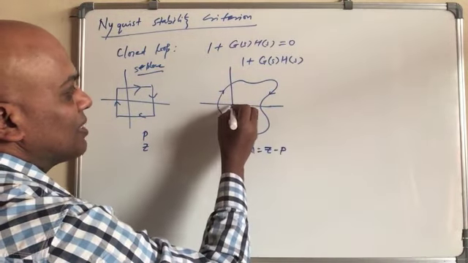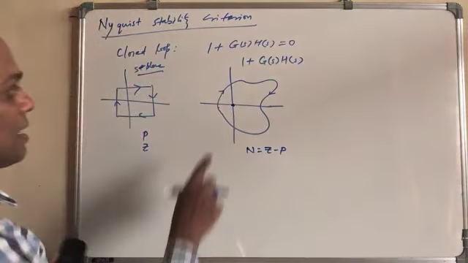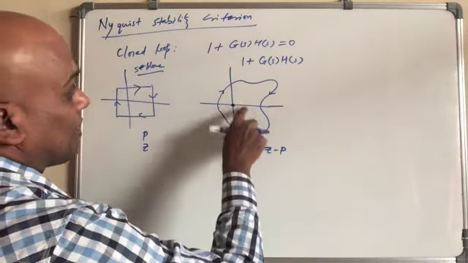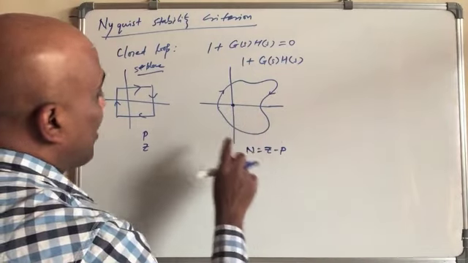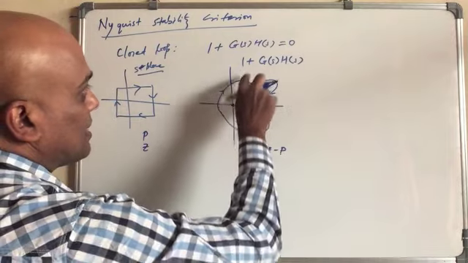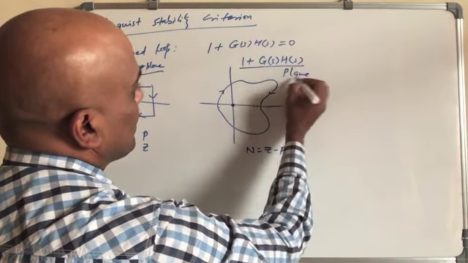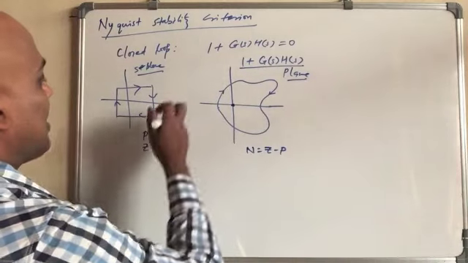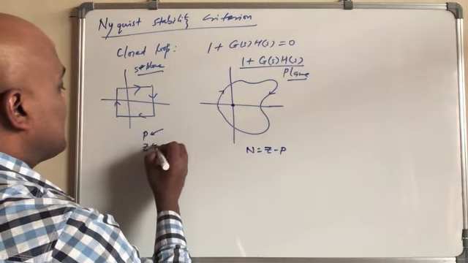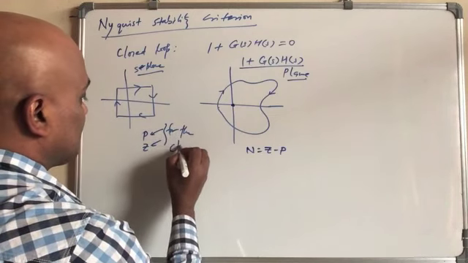Mind it, it is going to encircle 0. This is the 1 plus G(s) plane, meaning we are talking about P and Z for the closed loop system.